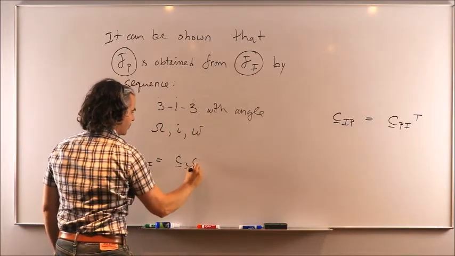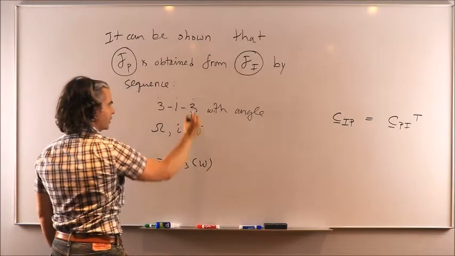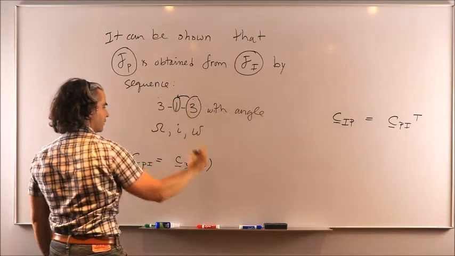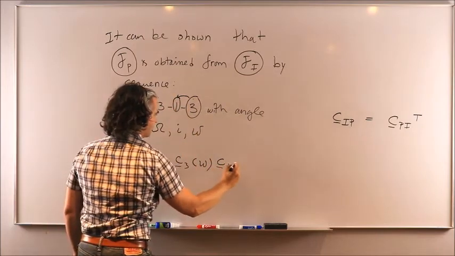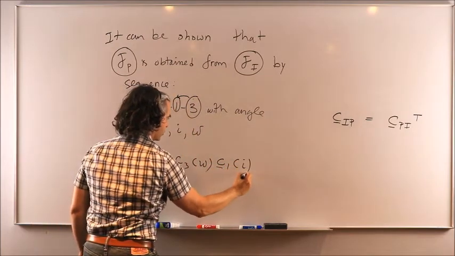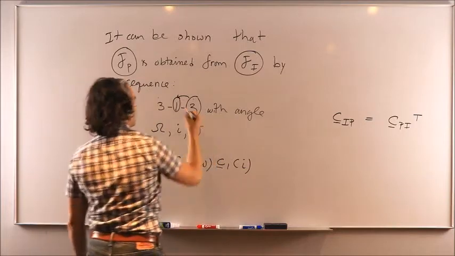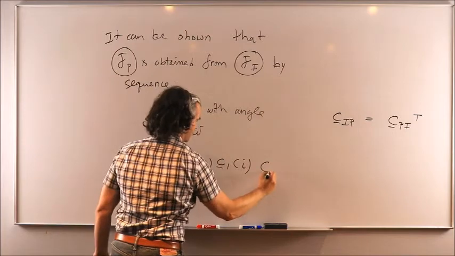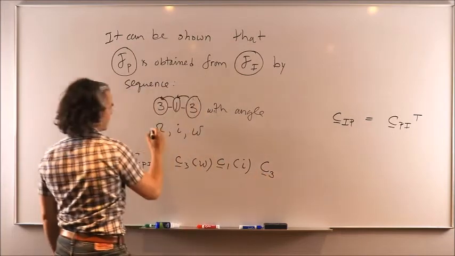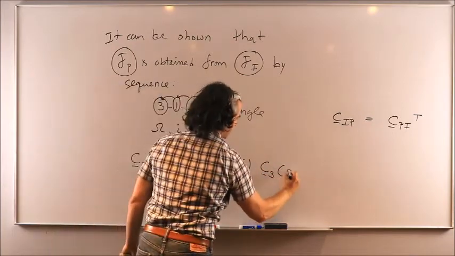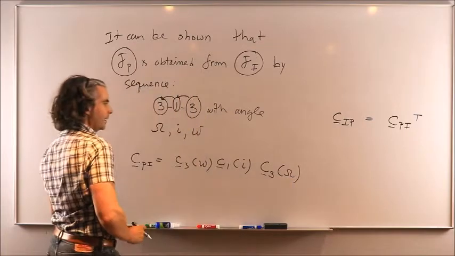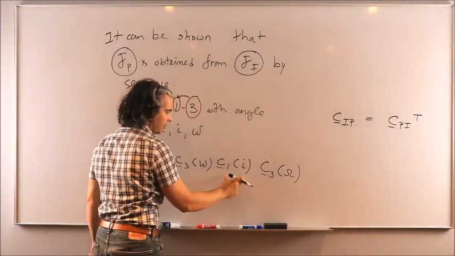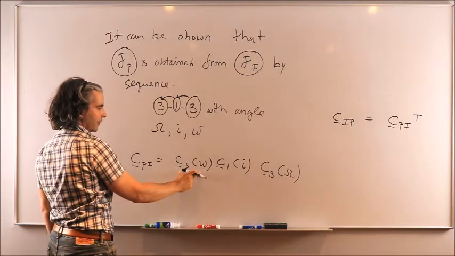C3 through an angle argument of perigee, starting here, and then I'm moving to here, which is C1 through an angle inclination. And finally, I'm going to multiply all this with C3 through an angle RAAN, like this, okay? So this is the first physical rotation to take place, the second one, and the last one.